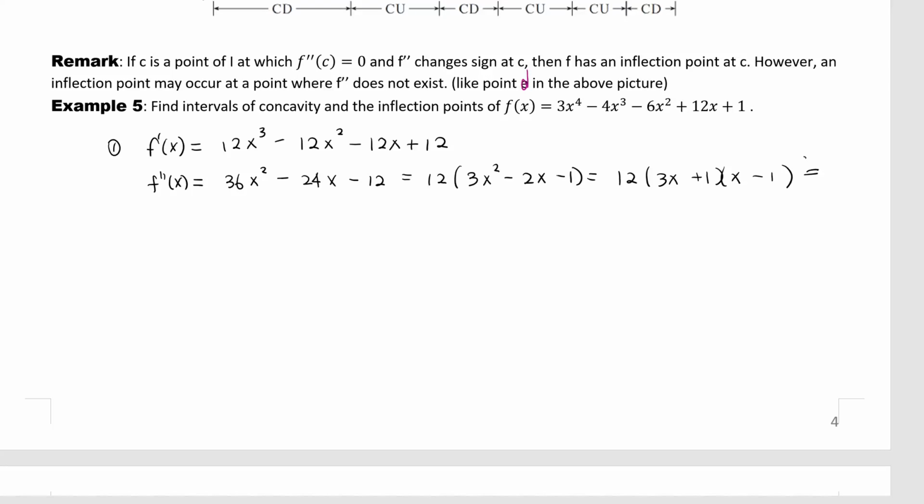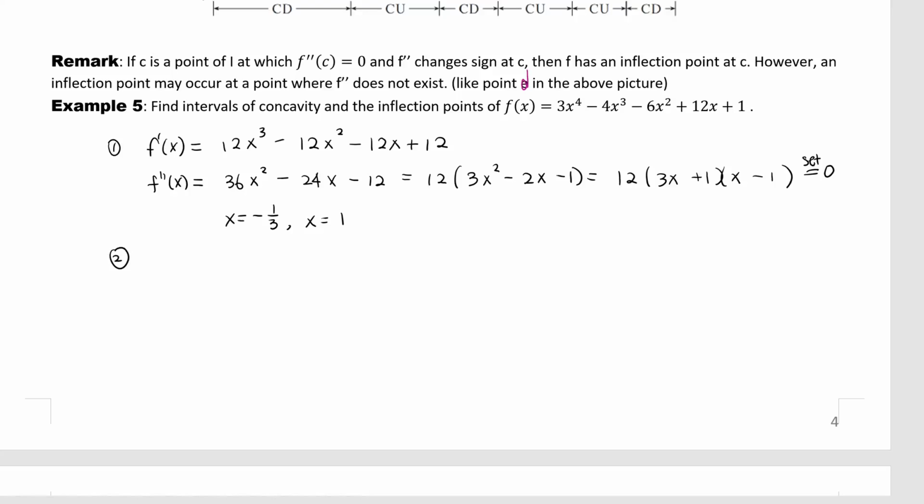Okay, so after we factor it, we can set it equal to 0. It's very similar to what we have done, but instead of setting the first derivative to 0, we set the second derivative to 0. Okay, so we get x equals negative 1/3 and x equals 1.